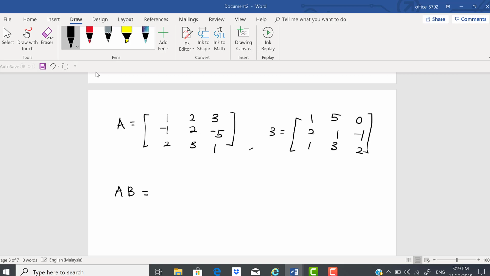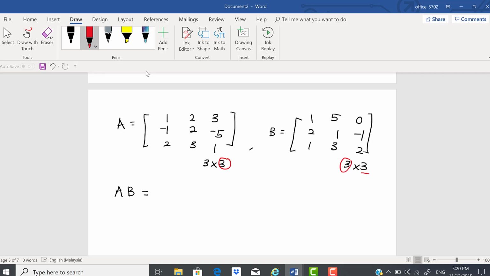So that means we have two matrices, A and B. Matrix A is a 3 by 3 matrix and matrix B is a 3 by 3 matrix. Now we check, 3 and 3 are the same.